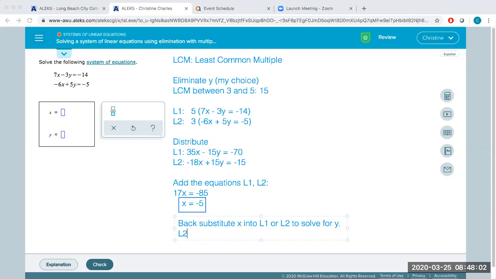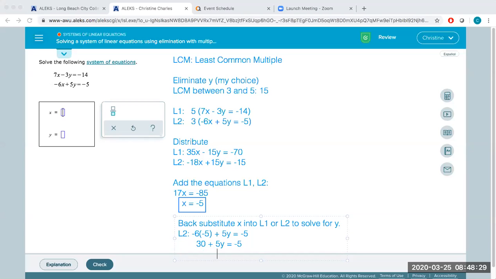So line 2, I have x is negative 5. So negative 6 times negative 5 plus 5y equals negative 5. That's 30 plus 5y equals negative 5.